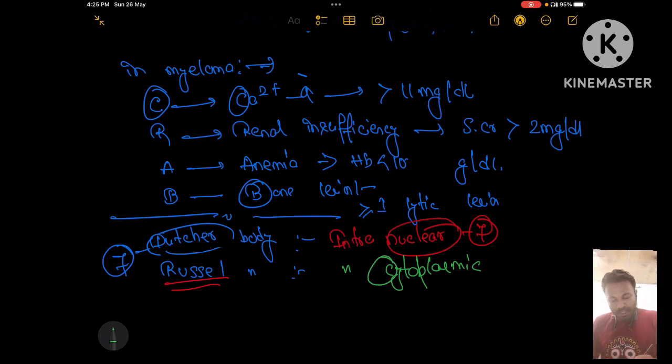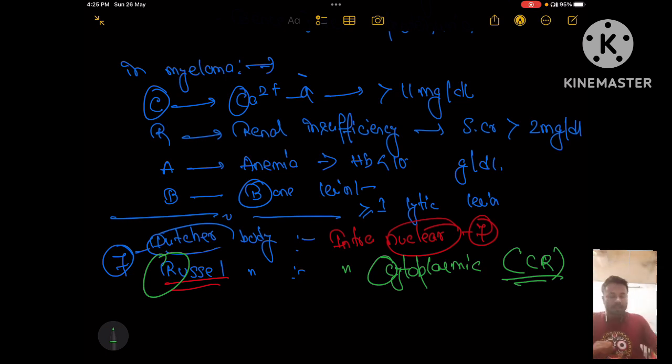You can also remember it this way: class representative, CR. So Russell body is intracytoplasmic, and Dutcher body, with 7 letters, is nuclear.